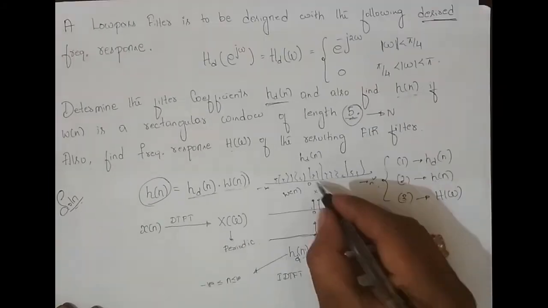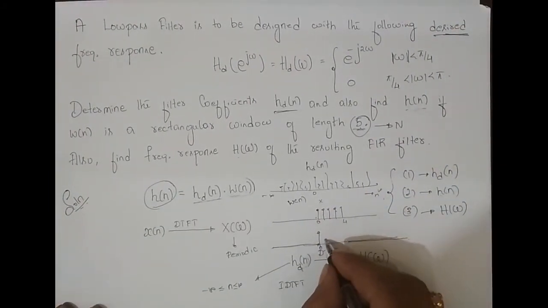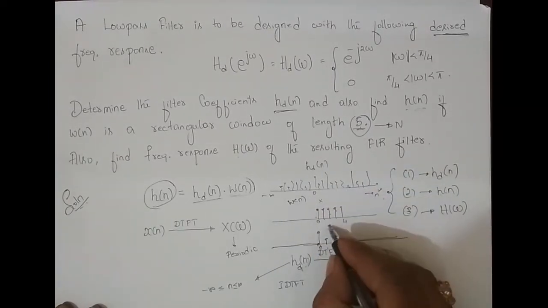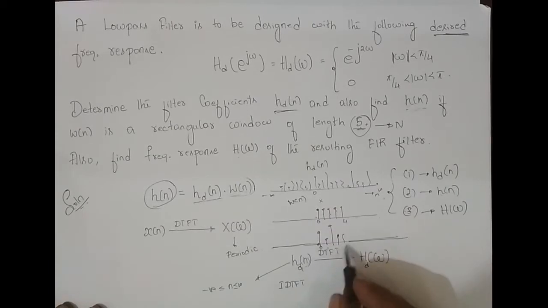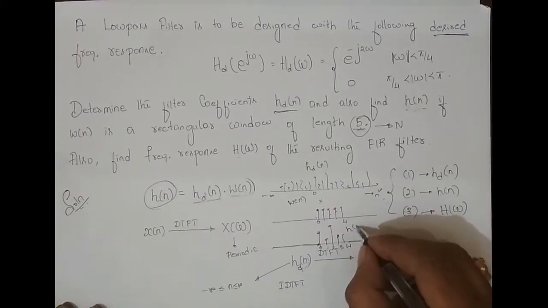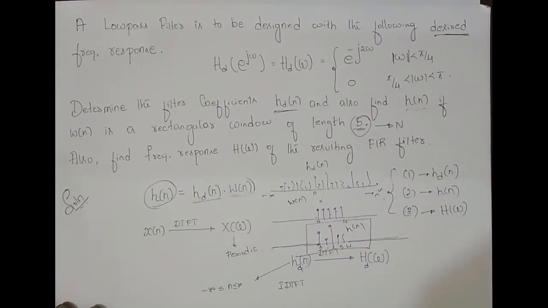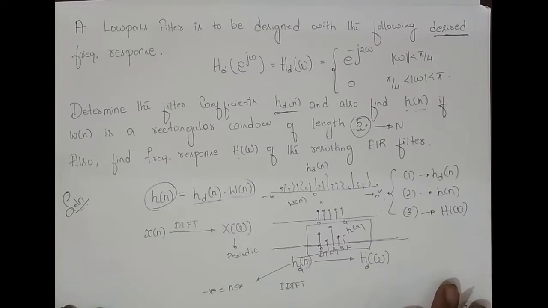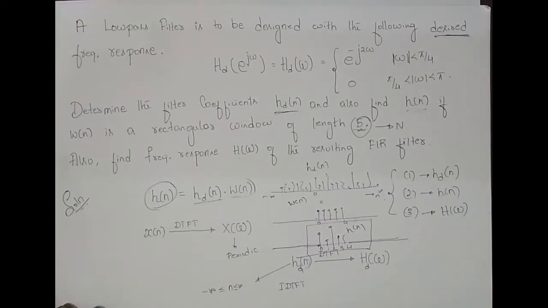At n equal to 1, 1 into this sample gives the same sample, and so on for 0 1 2 3 4. This is h of n, the impulse response of an FIR filter. So this is the procedure we are going to follow while designing the FIR filter using the window technique.